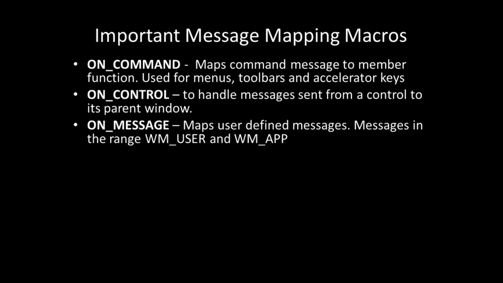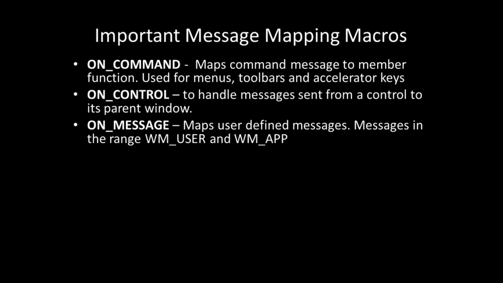ON_MESSAGE is basically used when we want to handle user defined messages. Now what are user defined messages? There are a set of messages which are defined by the OS. There are a set of messages which are defined by the controls.